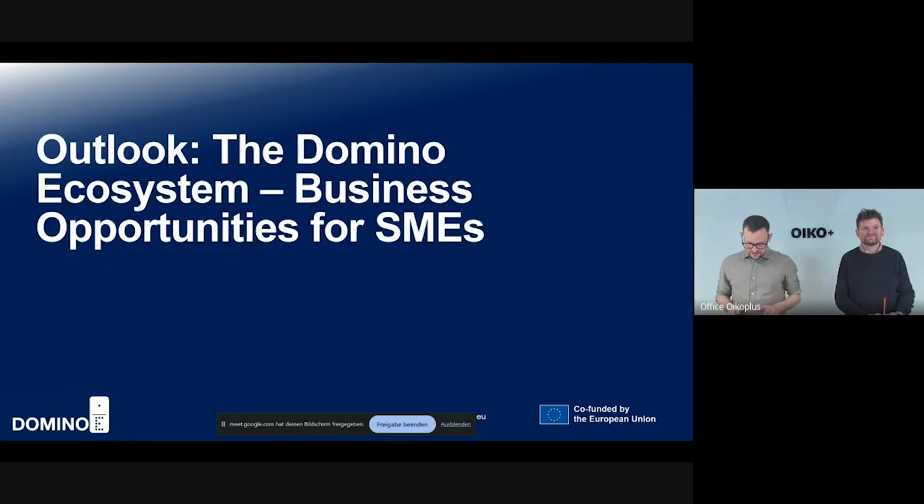Today, we had the chance to look a little bit at the modularity, and to learn about the technical requirements, the restraints within which the dominoes as building blocks need to be developed in order to be potentially integrated into the domino architecture.